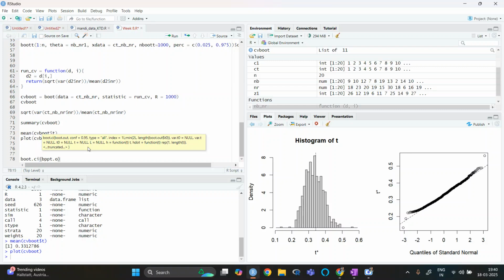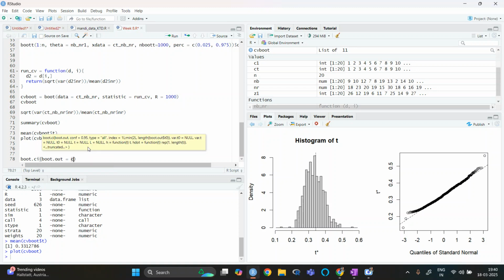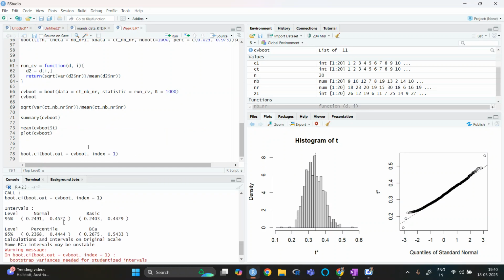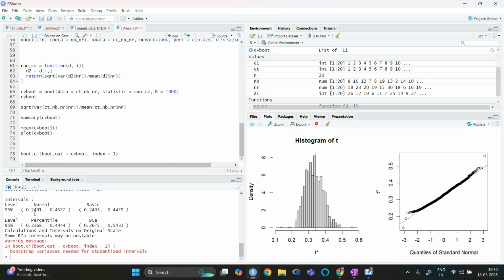Now with this coefficient of variation we can also find the confidence interval. So we can write boot.ci with out equal to CV boot, and I'm writing just index equal to 1 so that I can have it for all. You can see these are the intervals for this CI.